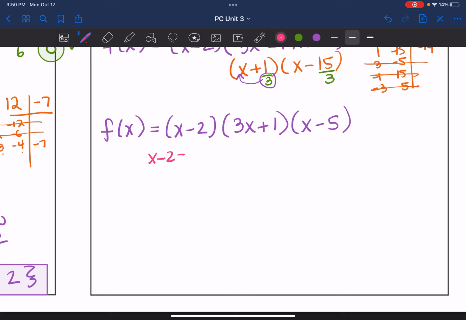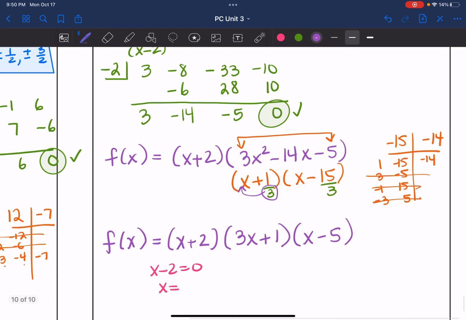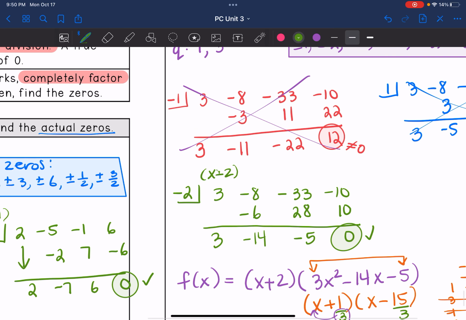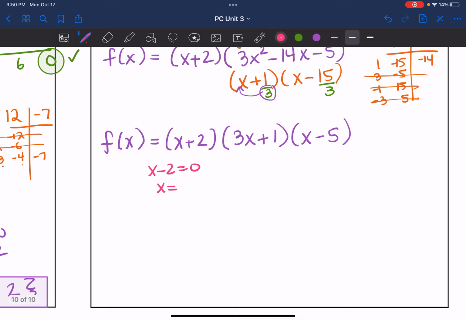X plus 2 equals 0 means that x equals +2. Oh, I'm sorry, this was supposed to be a plus. I knew something was off. Okay, so this was supposed to be a plus, meaning that it would equal -2. There we go.